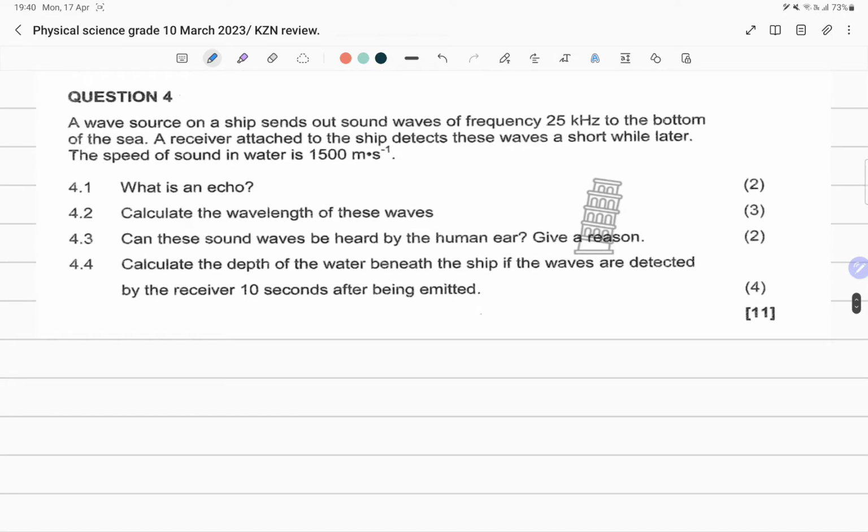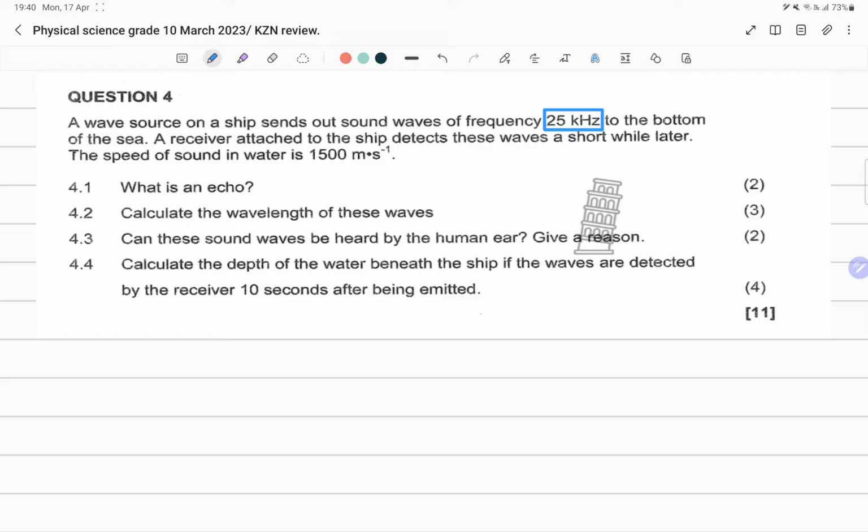Question 4 says, a wave source on a ship sends out waves of frequency 2.5 kilohertz to the bottom of the sea. The receiver attached to the ship detects these waves a short while later.